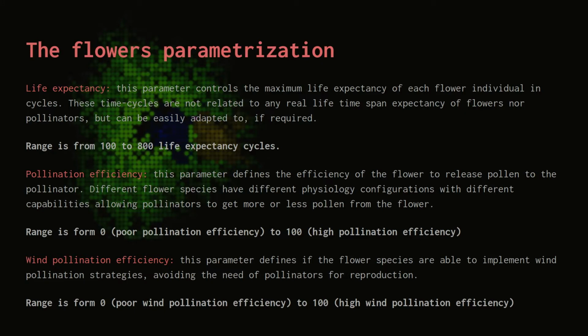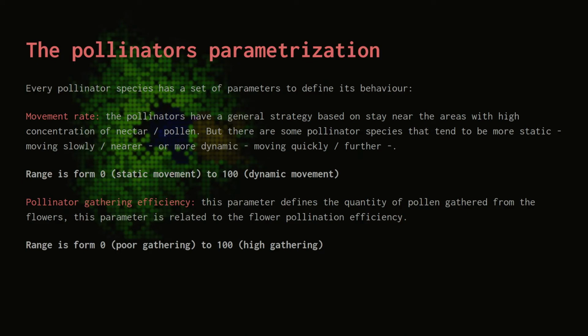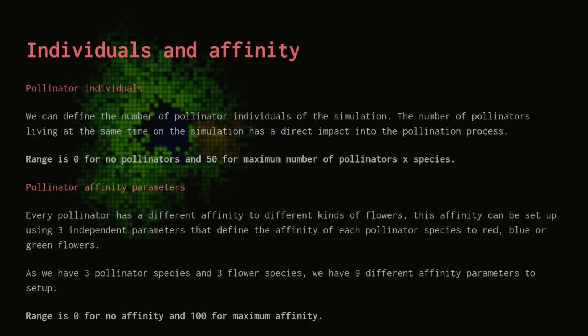Okay, each flower species has different kinds of parameters. So, for example, life expectancy, pollination efficiency, wind pollination efficiency. Okay, so pollination not related to pollinators itself. The pollinators also have different kinds of parameters like movement rate, gathering efficiency, and the number of pollinator individuals that are in the simulation at the same time.